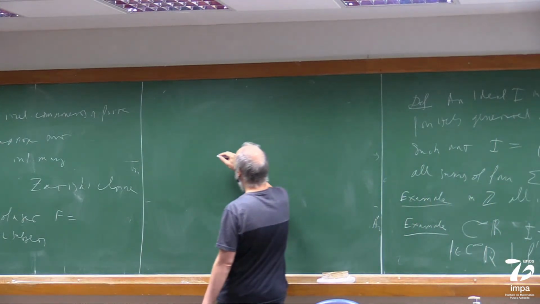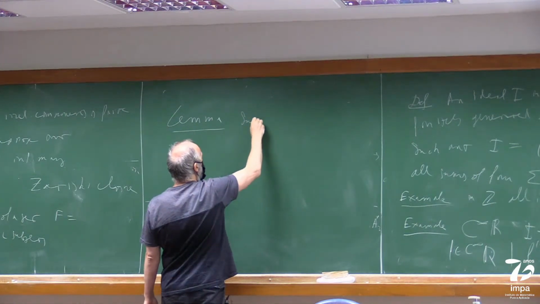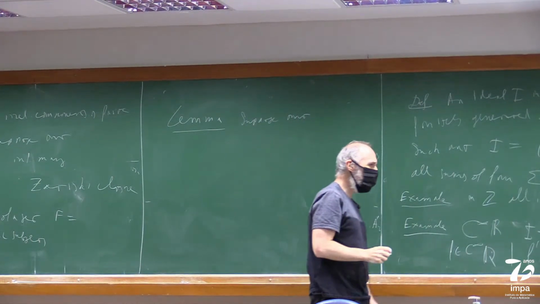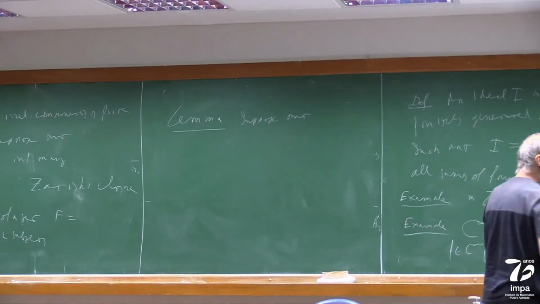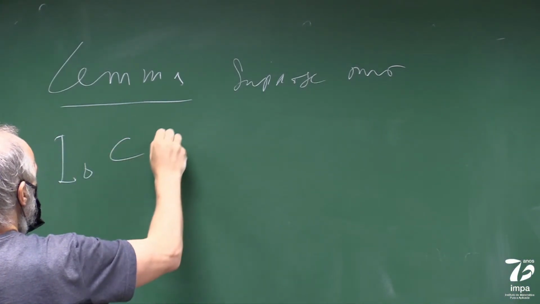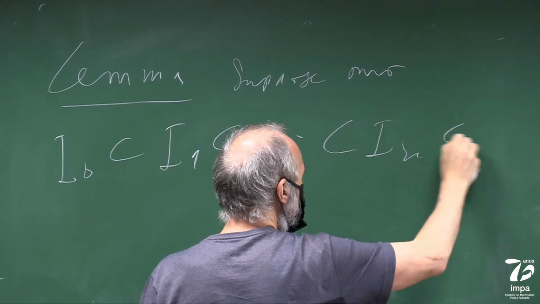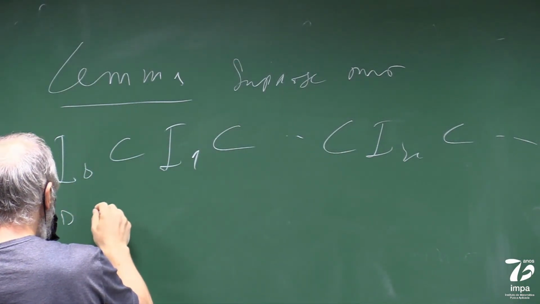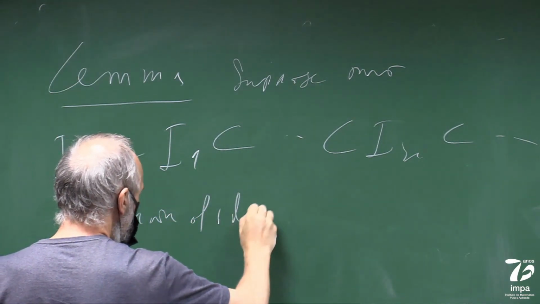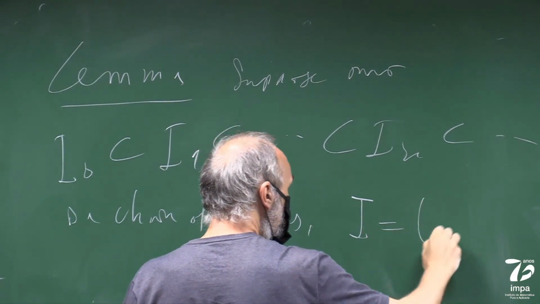Okay, so now a lemma. Suppose that I_0 inside I_1 inside and so on, inside I_n, inside and so on, is a chain of ideals, and I is equal to the union of all of them.